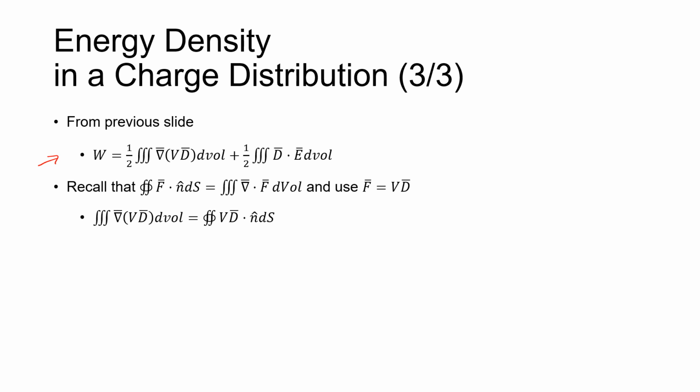If we have a double integral of F dot n dS, this is equal to the integration over the volume of the divergence. This time we have F equal to VD here, and we will do the opposite. We already have the nabla dot VD, so we replace it by just VD and take the double integral. Doing so, this will be our result.